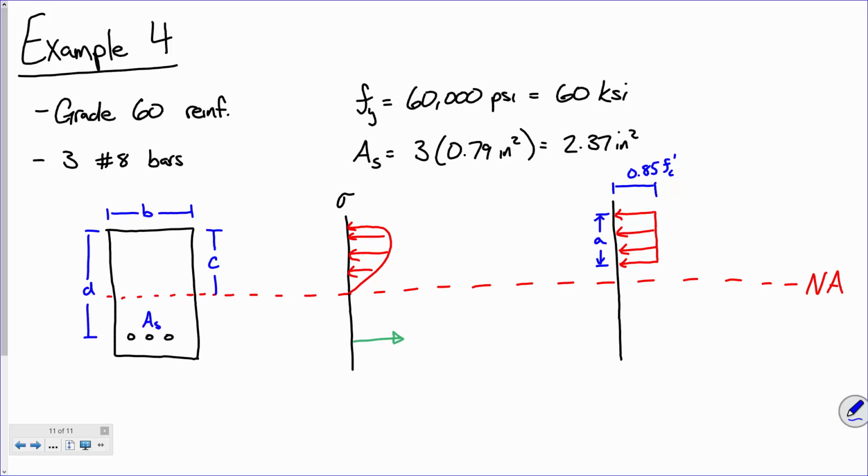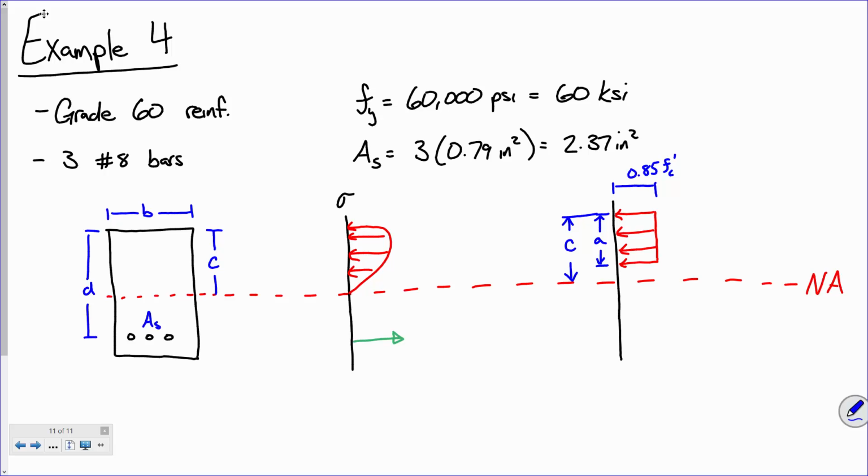Now, one thing I'll point out. There is a difference, and again, this doesn't really matter so much right now, but it's going to matter really soon. There is a difference between the top of the beam to the neutral axis and the top of the beam to the bottom of that compressive stress block.